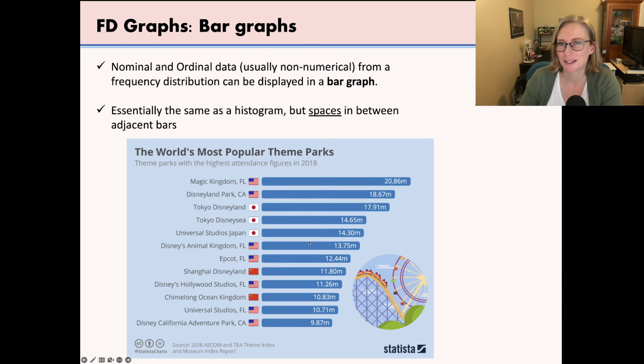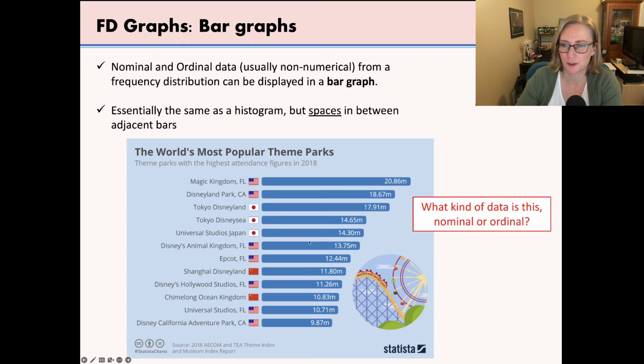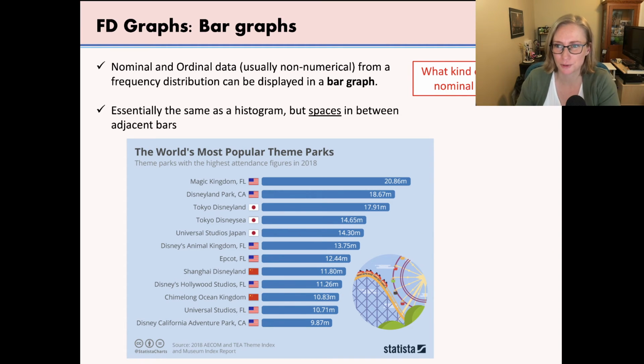So when you look at this, these categories, first of all, and I know I can't talk to you right now because this is recorded, but what kind of data would this be? Would this be nominal or ordinal? Right? Magic Kingdom versus Universal Studios. Are these comparable? Can we actually compare? Is there some quantitative way in which we can compare the two?